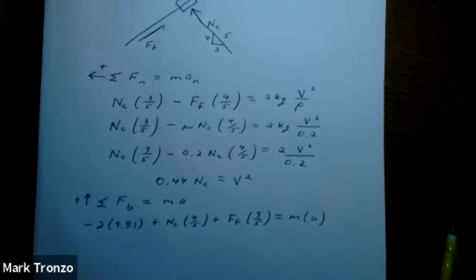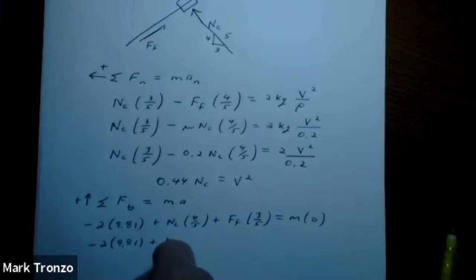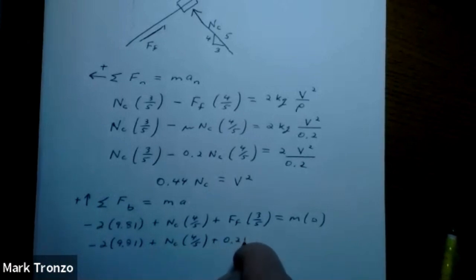And yeah, so let me just carry this down. 9.81 plus NC 4/5. And then our friction 0.2 NC 3/5 equals 0.